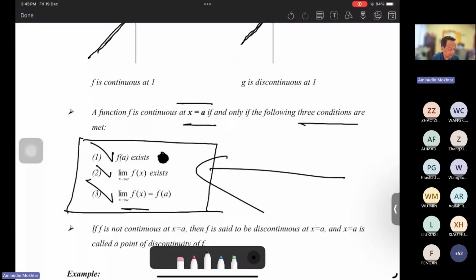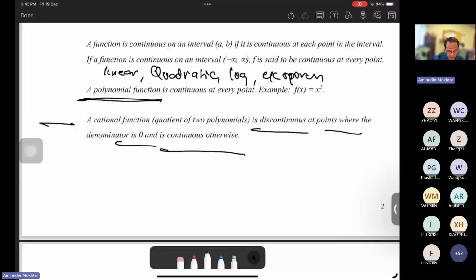Okay, for example, please refer to page 3. I will explain this example.